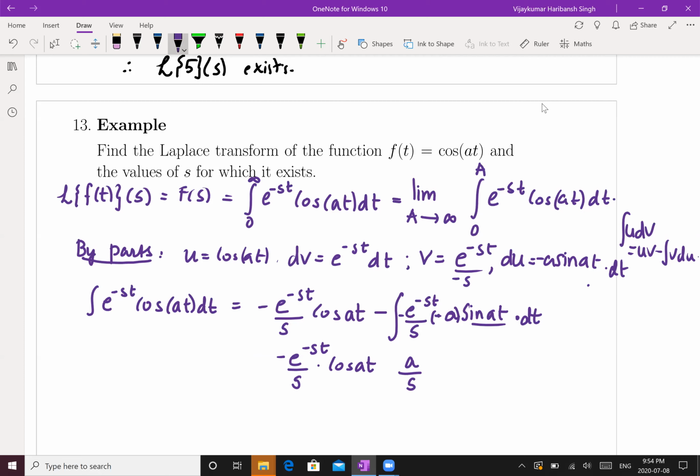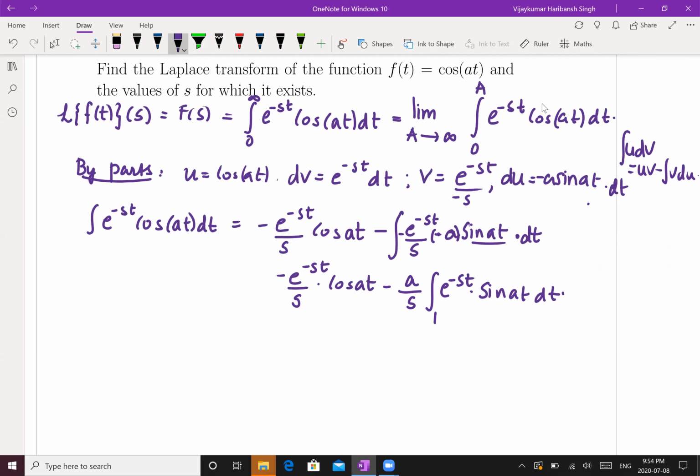So this makes it minus a by s times the integral of e to the power minus st times sine at dt. Now I'll compute this integral again and then plug it back.